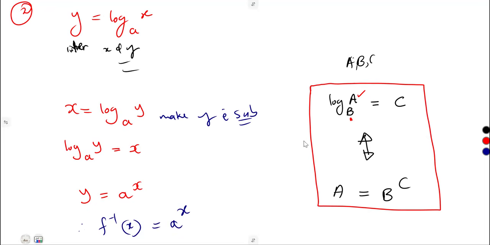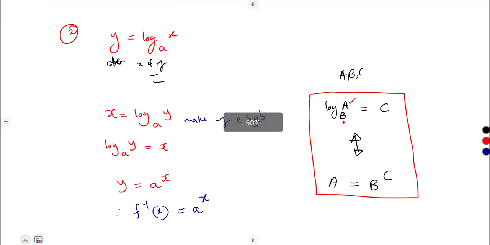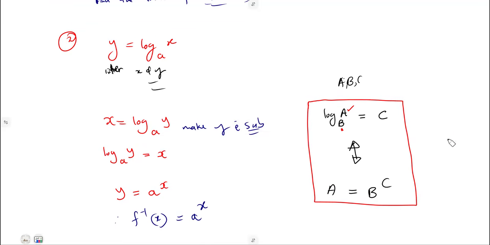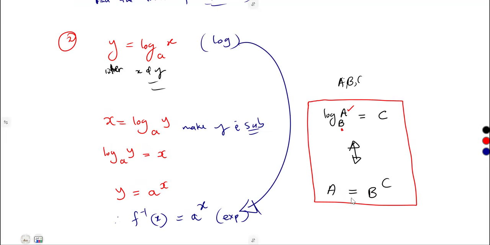So we can see that from a logarithmic graph, its inverse is an exponential. We started with a logarithmic graph, but what is it that we have at the end? The inverse, exponential, which is different from what we saw on a straight line. On a straight line, its inverse was a straight line again.